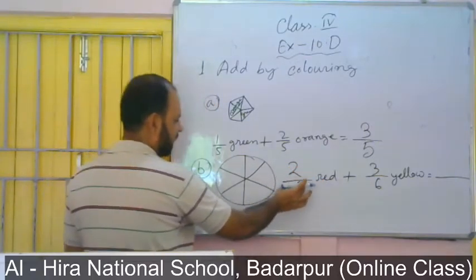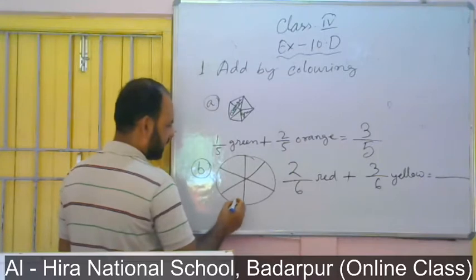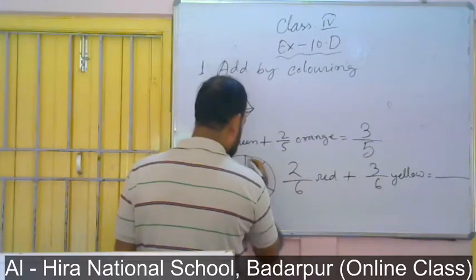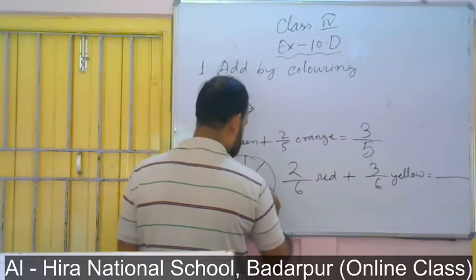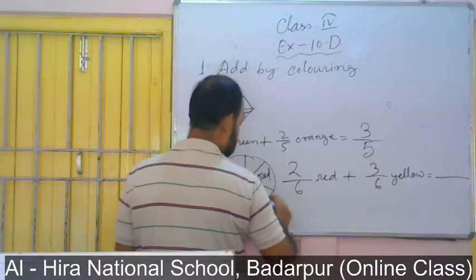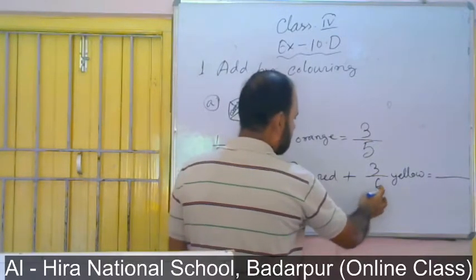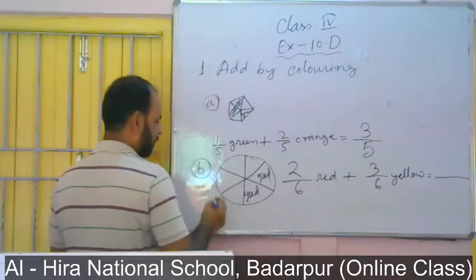Out of 6 parts, 2 parts are red, and 3 parts are yellow.